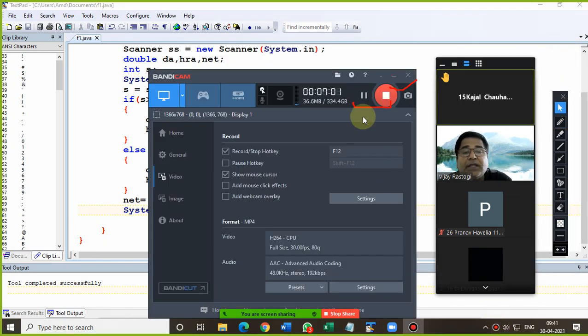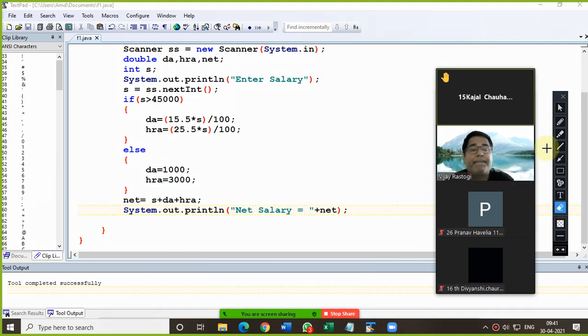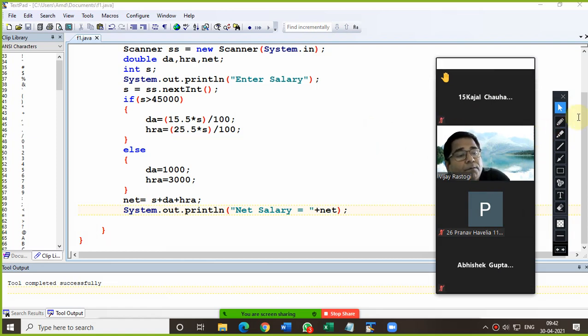Yes, sir. Beta, any confusion in this part? The salary can be used in double data type. Beta, you can use that, but in the question it was not mentioned. See, I have used DA and HRA as double as well as the net salary, because we are supposed to find DA as 15.5 and HRA as 25.5% according to this condition if this one is true.